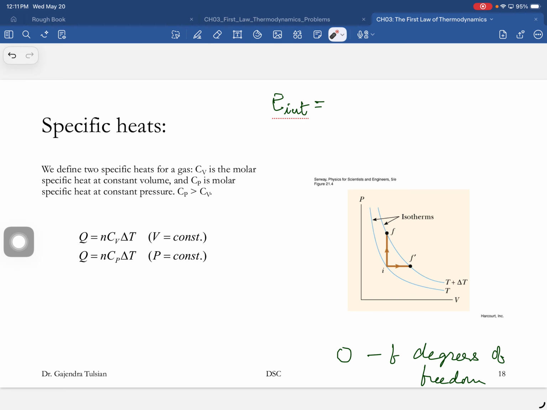Cv is F/2 R. We've seen this graph before, and this is for hydrogen. Cv is 3/2 R for a hydrogen molecule, which is a diatomic molecule. If you have hydrogen gas under 100 Kelvin, those rotational degrees of freedom are not in play. What do I mean by that?